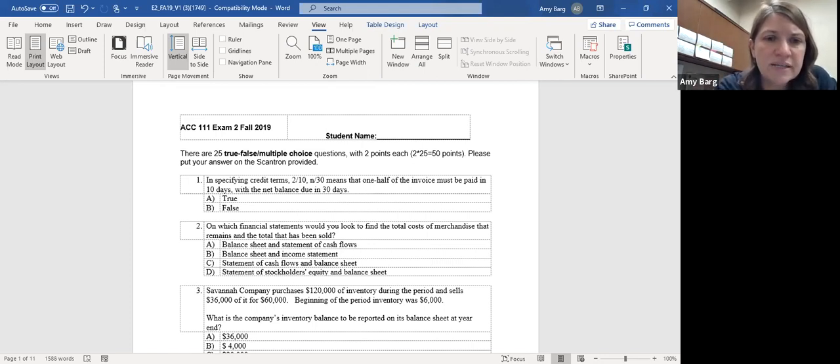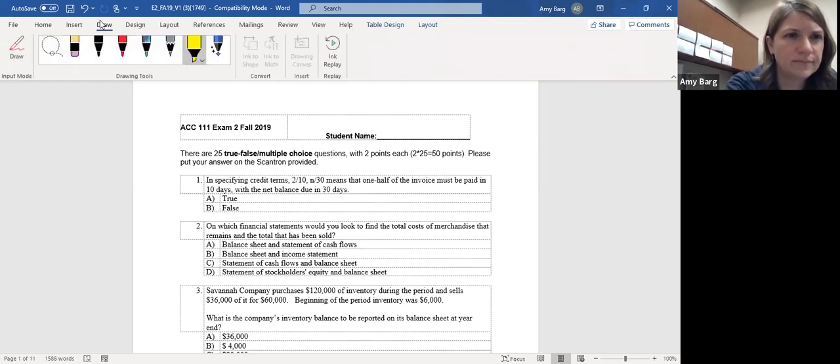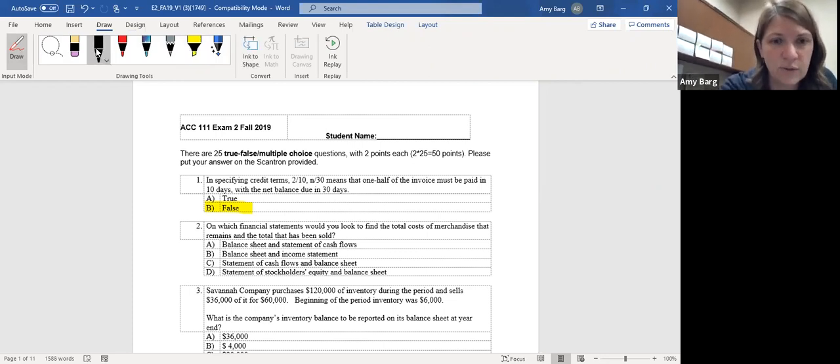All right, it says in specifying credit terms, 2/10, net 30 means that 1/2 of the invoice must be paid in 10 days with the net balance due in 30 days. Is that true or false? This statement is false. What 2/10, net 30 means is that if you pay within 10 days, you get a 2% discount.